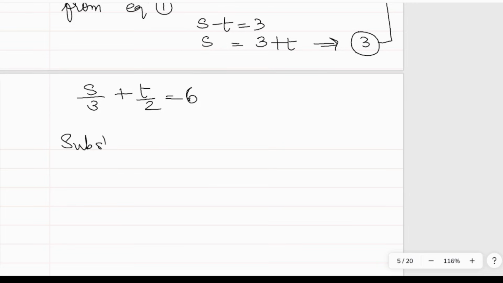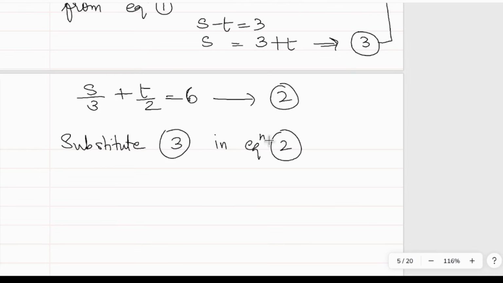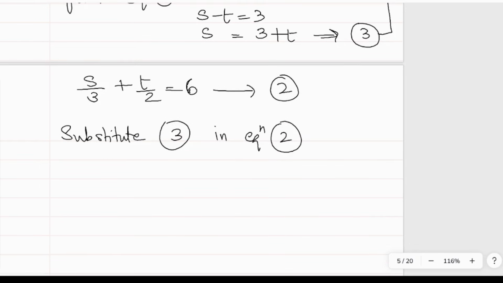Substitute equation 3 in equation 2. That is, what's the value for s? s equal to 3 plus t divided by 3 plus t by 2 equal to 6.